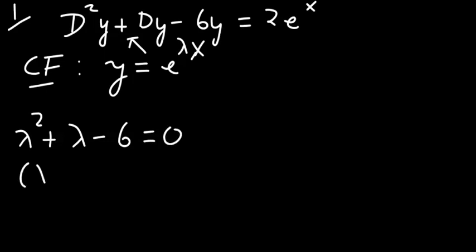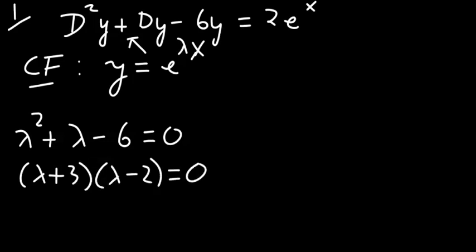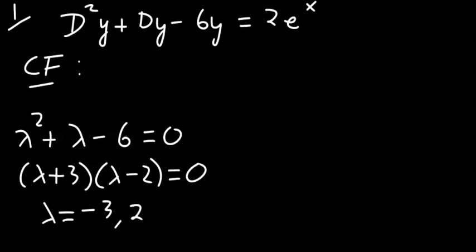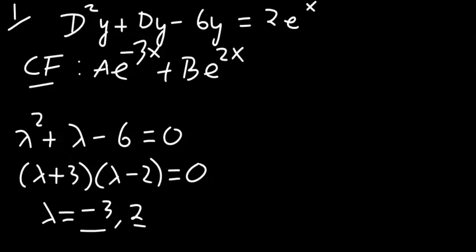Factoring it, we get lambda plus 3, lambda minus 2 equals 0. The solution of which is lambda equals minus 3 and 2. So your complementary function is an arbitrary constant a, e to the power minus 3x, plus another arbitrary constant b, e to the power 2x.